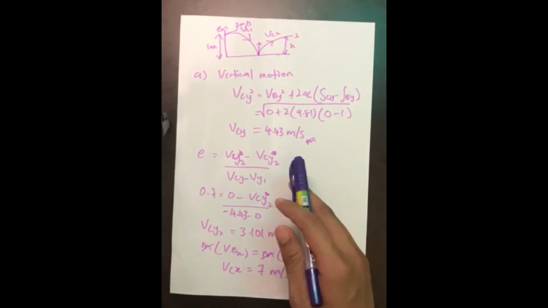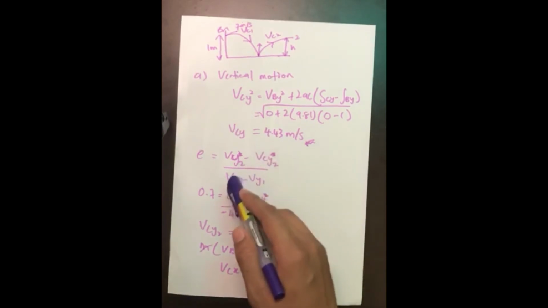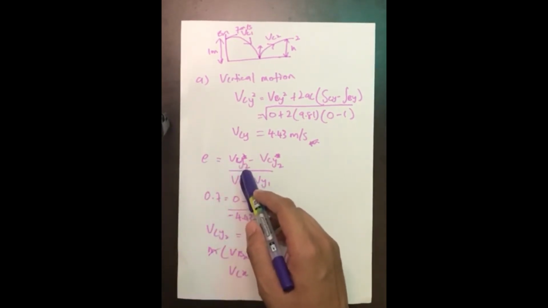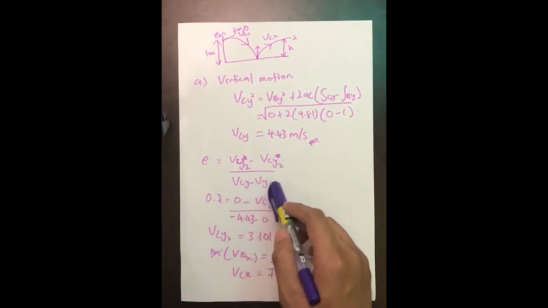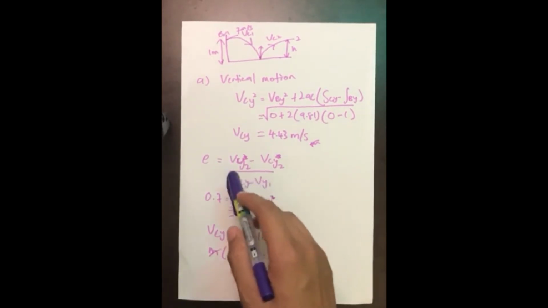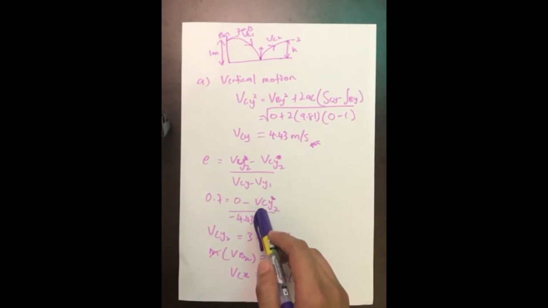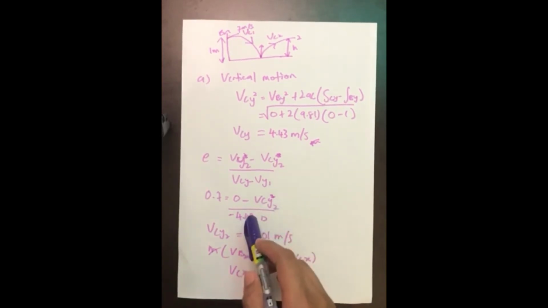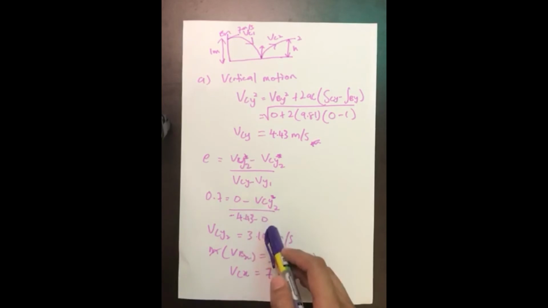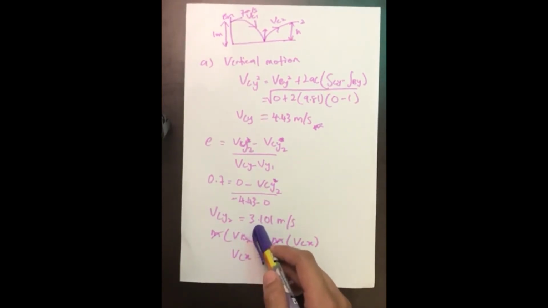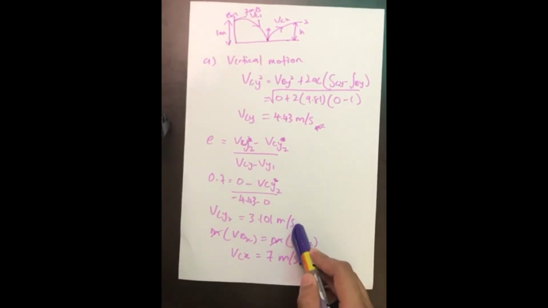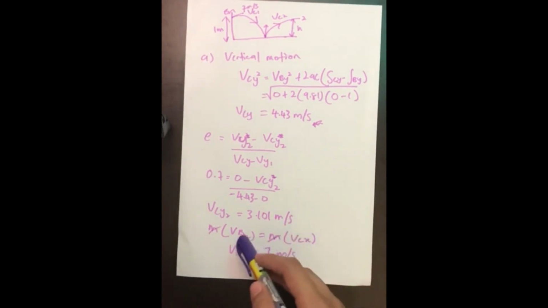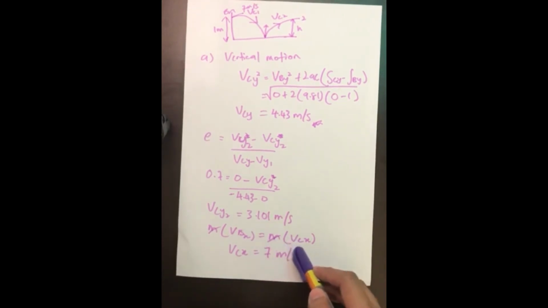Then we use the coefficient of restitution, which is e equals VCY2 minus VY2 over VCY minus VY2. We have all the values except for VCY2, so we can get VCY2 from this equation. VCY2 equals 3.101 meters per second. Then we use the equation for conservation of linear momentum, which is m times VBX equals m times VCX.